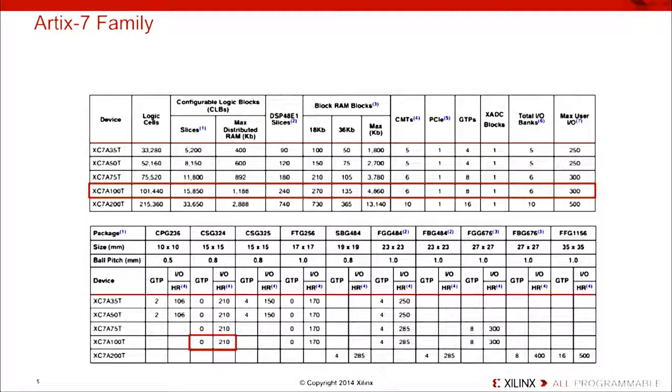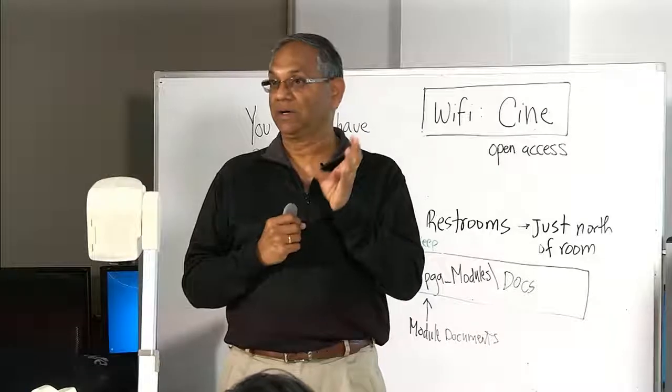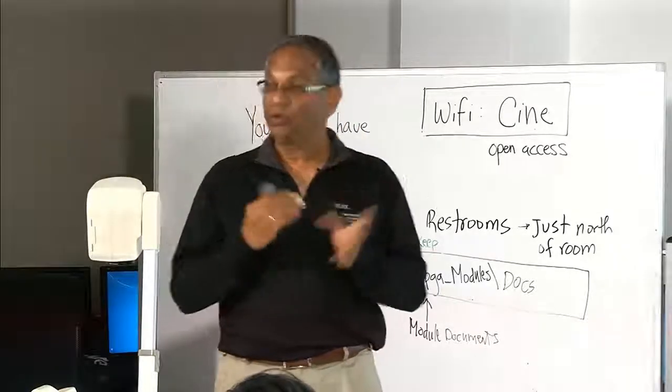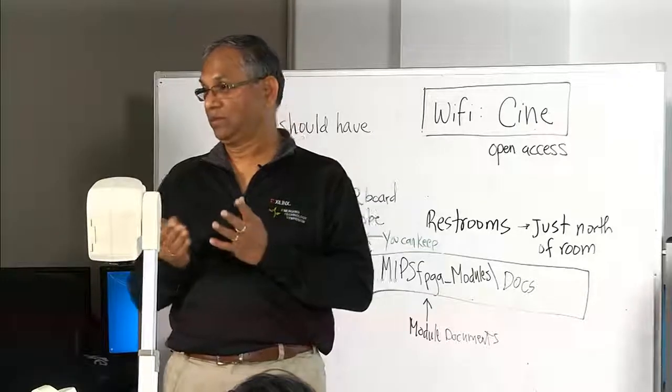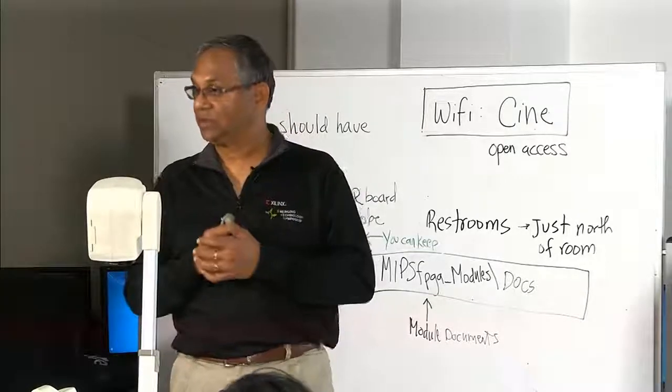So this chart shows you basically the 5 members of Artix 7. 35T is the smallest, 200T is the biggest, and 100T is the part that we have on the Nexys 4 DDR board. Sarah, later on towards the end of the day, is going to show you how to port this design to Basys 3, which costs about 50% or half of Nexys 4, right?